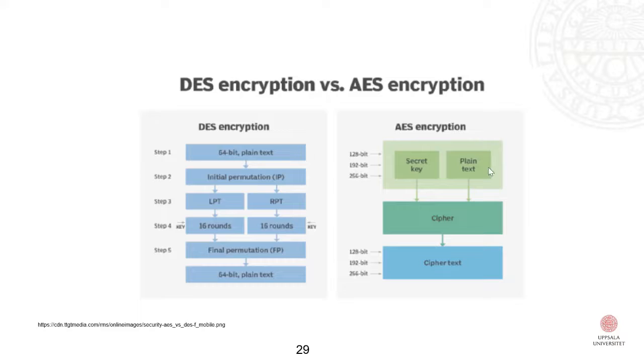In AES, we feed the secret key and the plain text to the cipher, which is the algorithm, and it is much more sophisticated to come up with the ciphertext. It has many more rounds and permutations and substitutions.